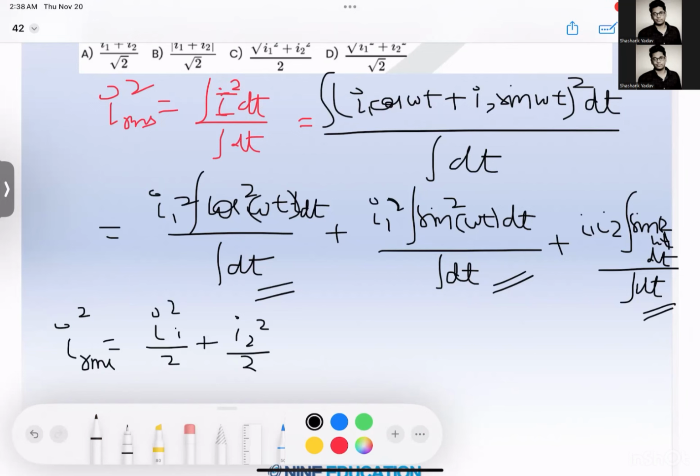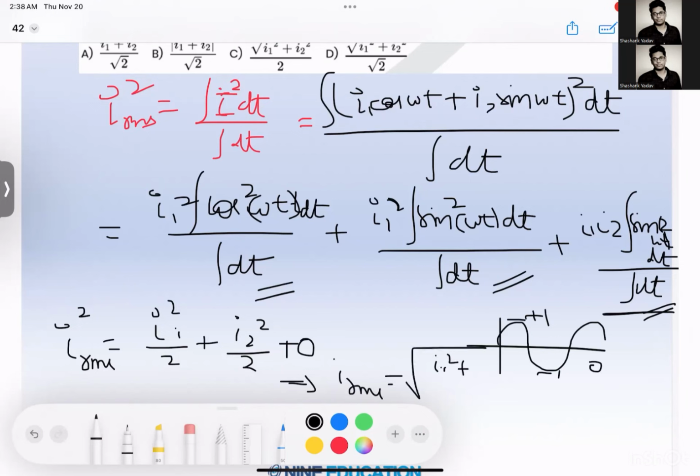The average value of sine 2 omega t is going to be 0, because the sine function has a maximum value of plus 1 and a minimum value of minus 1, so the average is 0. Therefore, I RMS can be written as under root of I1 square plus I2 square by 2. That gives us the answer D.